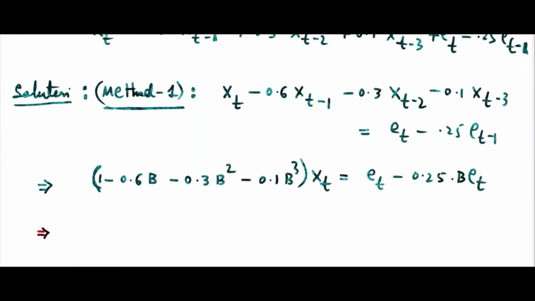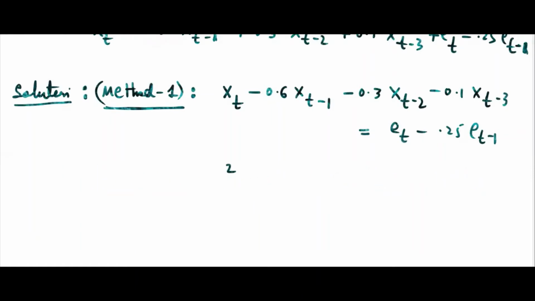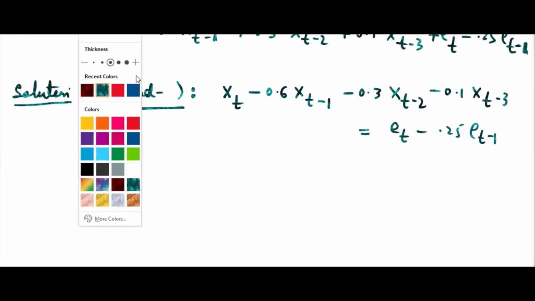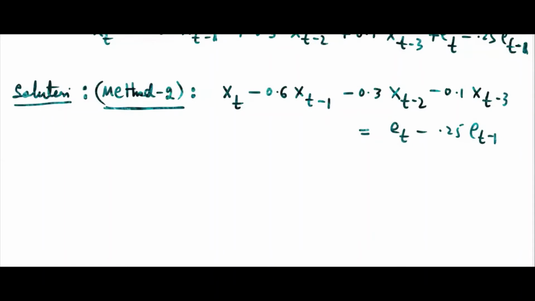Even we don't need this one, right? We don't go to b directly in method 2. So we'll change it to method 2. In method 2, you apply here xt minus xt minus 1.